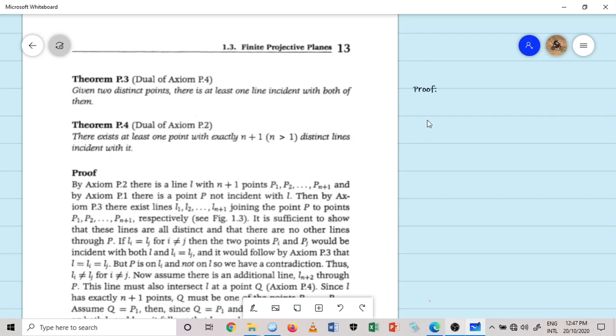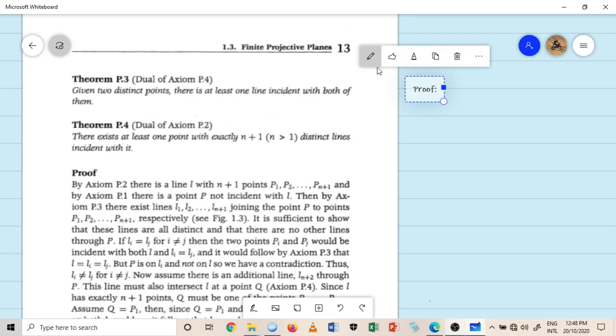Okay, so actually the proof is quite short since this is just a direct consequence of axiom P.3.